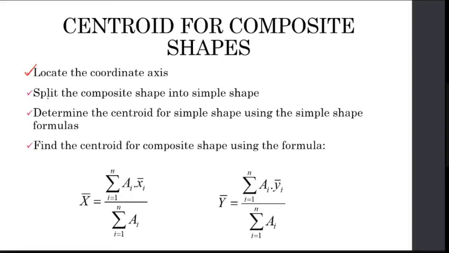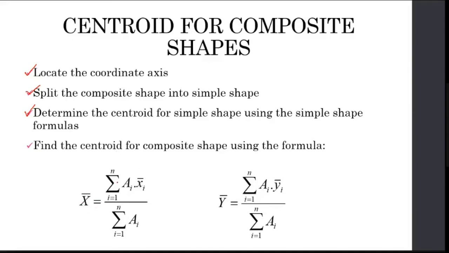Once you identify the coordinate axis, split your composite shape into simple shapes, which may be a rectangle, a triangle, a semicircle, a quarter circle, or sometimes a sector of a circle. Once you split it, determine the centroid of each simple shape using the formulas we discussed.